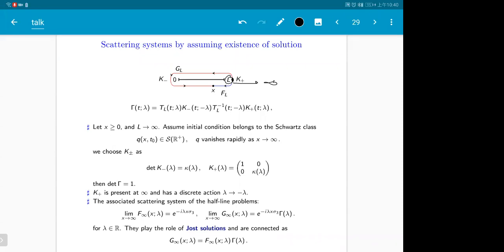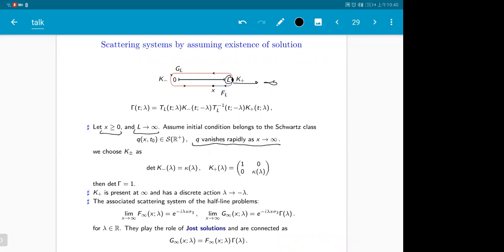This approach will keep the integrability of the system and also keep the scattering system that we defined for the interval problem valid for this half-line problem. So we consider x bigger than 0, extend the arrow to infinity, and assume the initial data on the half-line belong to a certain functional space, with q vanishing rapidly as x goes to infinity.